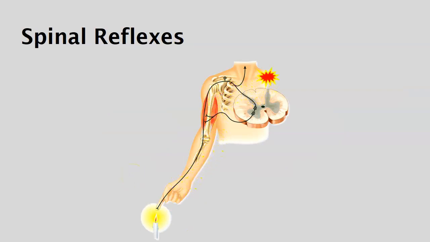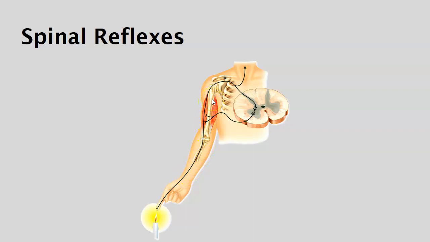Before we get too much further into other areas of the nervous system, I want to pause and make sure that we appreciate what spinal reflexes are and understand how they're different from other movements or tendencies of our body. What you saw here, the example, is someone touches something hot and their body perceives it, or a signal is created and then sent within the nervous system.